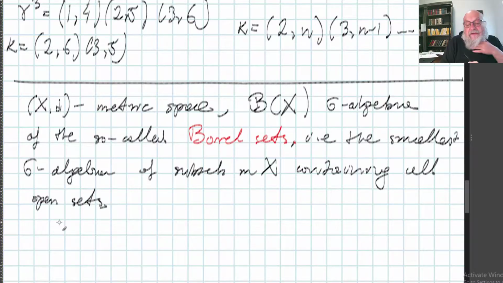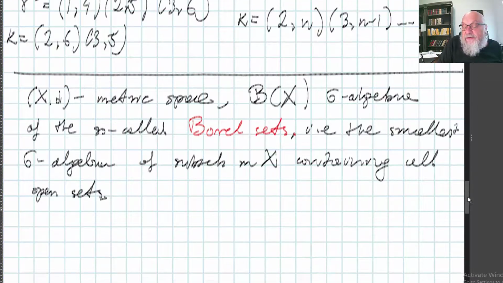So all open sets. In our case, if I talk about Lie groups, we assume that we'll be dealing now with compact Lie groups.